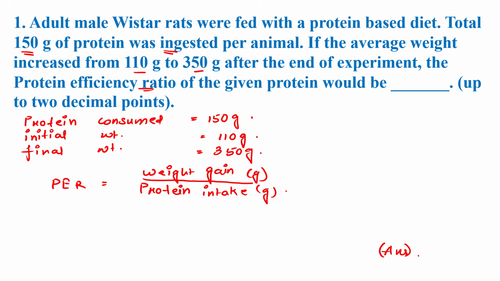So over here, what is the weight gain of the rats? It is calculated by final minus initial, divided by what is the protein intake of it. That is 150 gram. So 40 divided by 150 gram, that is around 1.60. So this is my answer.